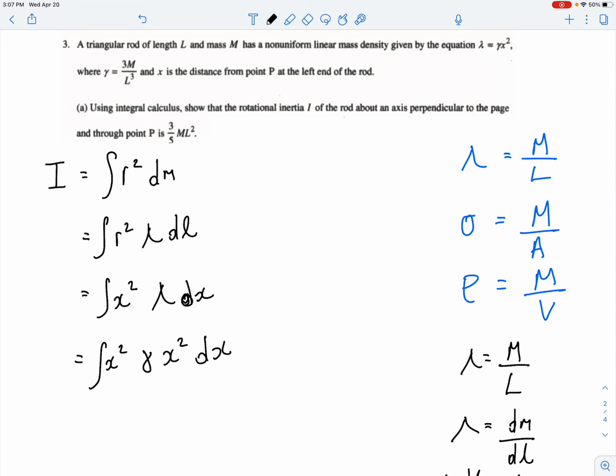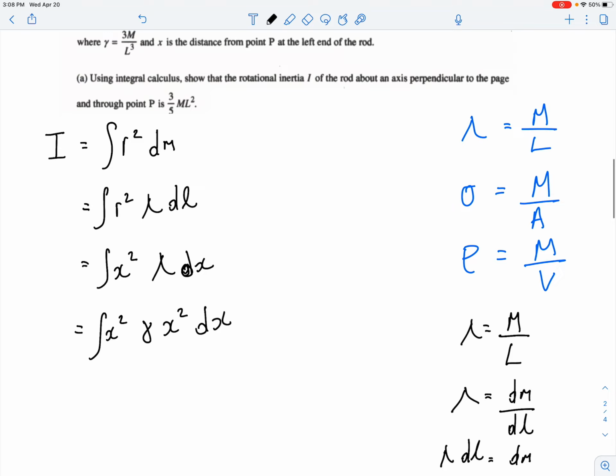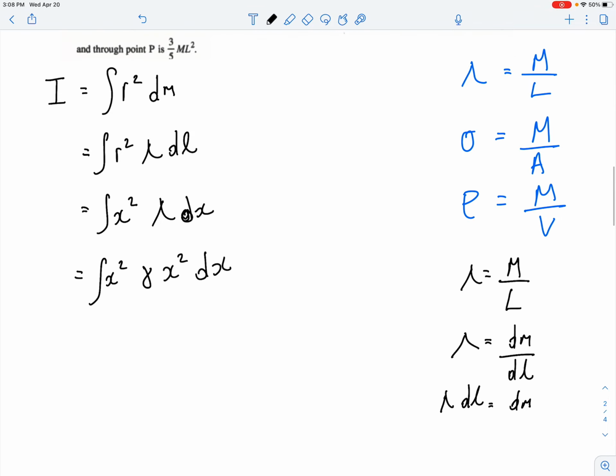And then they put what gamma is, but you can see that gamma is 3m over L cubed. M is a constant, L is a constant, so you don't have to worry about it. You could put it in at the end, or insert it as quickly as you want. That's a constant, so you could move it out.